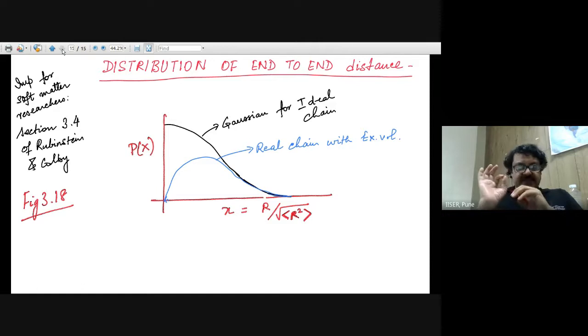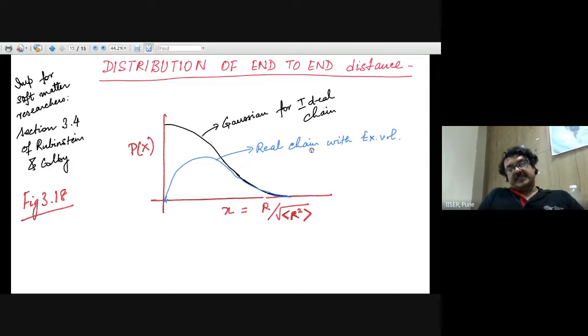Okay, so that's what I want to discuss. And just in case, I will add some other information, which will be important for soft matter researchers. This is not exactly part of the course, but for the sake of completion, this is taken from section 3.4 of the book of Rubinstein and Colby, figure 3.18. Remember that when you have a real polymer chain with excluded volume interactions, so that things can't overlap, then the probability distribution of x, where x is r divided by the square root of the average r square, for the ideal chain was this Gaussian distribution.